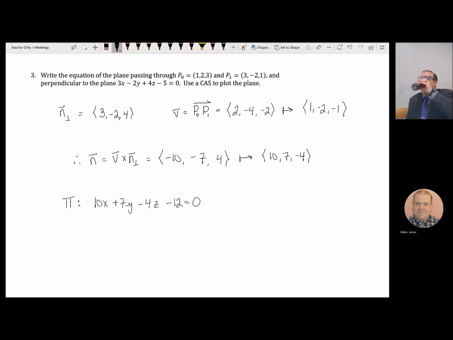Can you go over one more time how you got -12? Negative 10 times 1. Right? You do negative a times x naught. So that's negative 10, right? Minus b times y naught. So it'd be minus 7 times 2, minus 14, right?